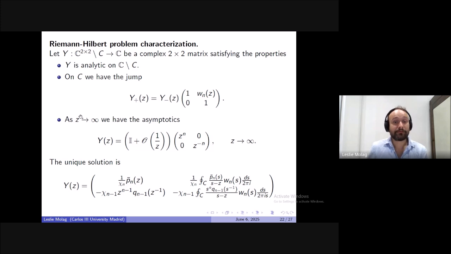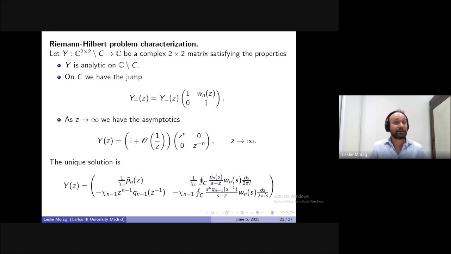And we also want Y to have a certain behavior as z tends to infinity, which you see here. And then it's well known that this Riemann-Hilbert problem has a unique solution that you see over here, and in particular, it has our orthogonal polynomial, right? So here the chi_n is actually the leading coefficient. So actually, this will give you the monic orthogonal polynomial.